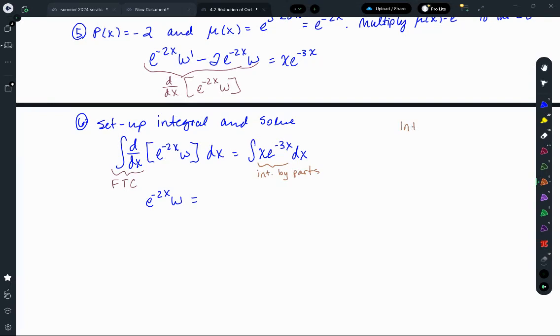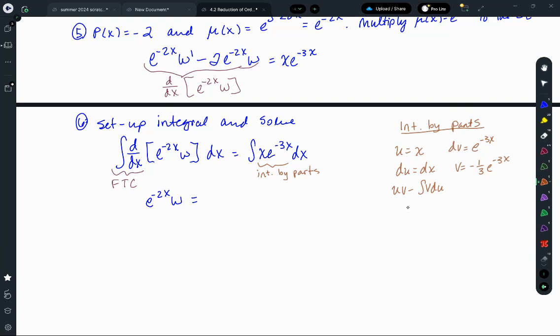So we need to take care of that. And we should probably let u equal x and dv equal e to the minus 3x. Then du is dx and v is a minus 1/3 e to the minus 3x. We need uv minus the integral of v du.